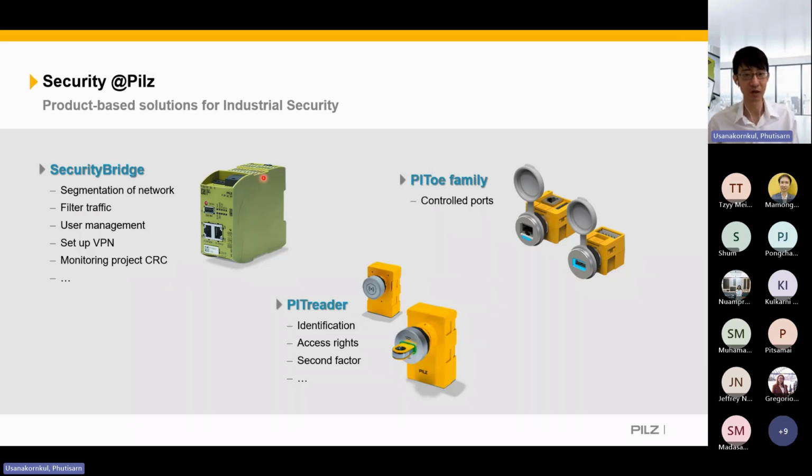Then we have what we call PIT OE. This is just the Ethernet and USB port, which we can incorporate with our system in order to make sure that if you have the right permission, then you can plug in your Ethernet cable and access the PLC, for example.